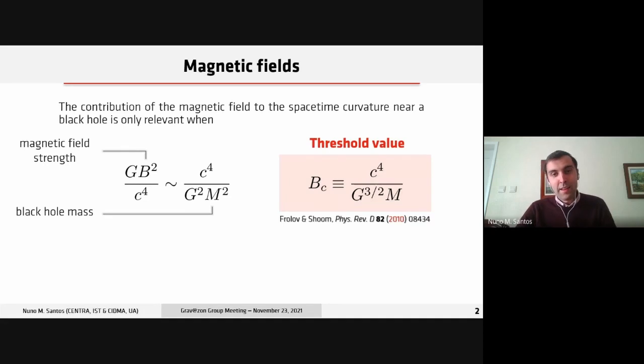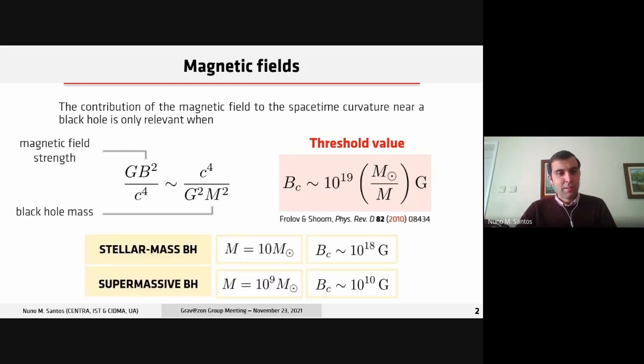On the other hand, the space-time curvature near a black hole of mass M is of the order of the inverse square of M. So as you can see, these two contributions are comparable only if B is of the order of the inverse of M. This relation sets a threshold value B_c for B as a function of M. So a magnetic field of order B_c or larger distorts, warps the space-time in the vicinity of the event horizon, but without changing its topology, which is important.